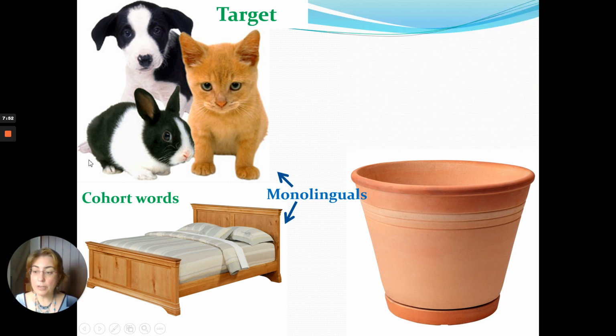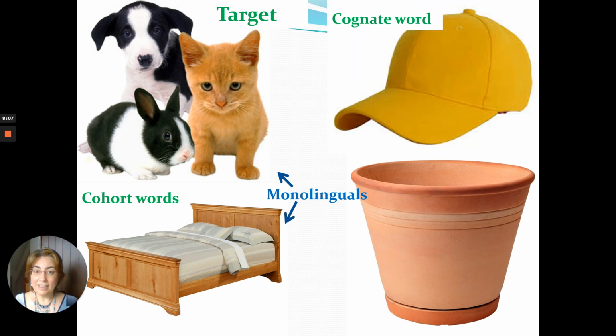Now, the same experiment was made with bilinguals that spoke English and Dutch. Now, in Dutch, the word pet is a cognate of the English word, and it means something like a cup.